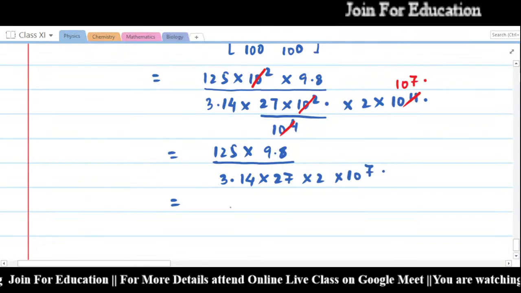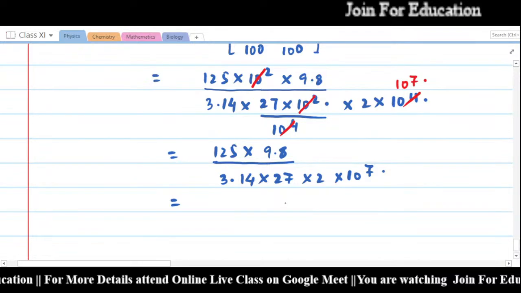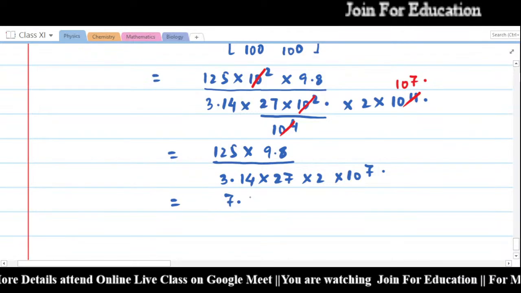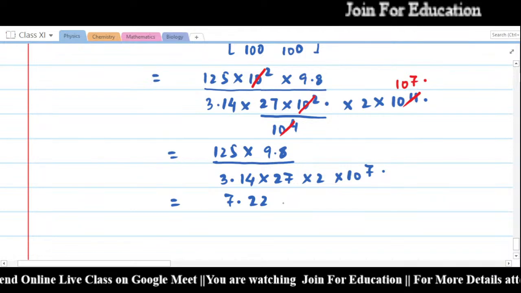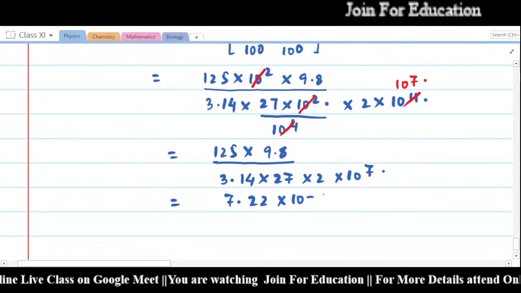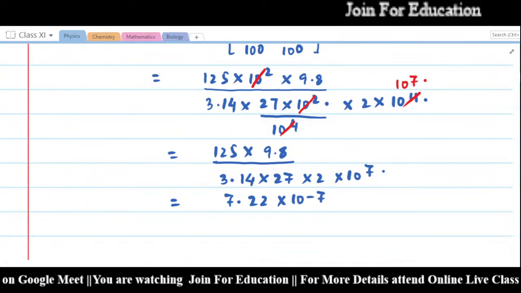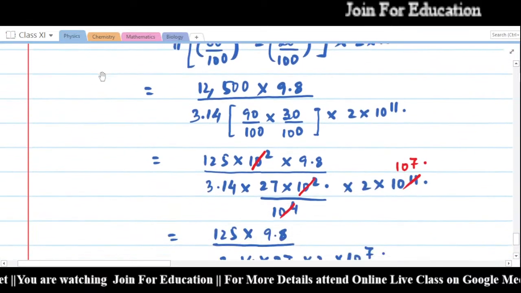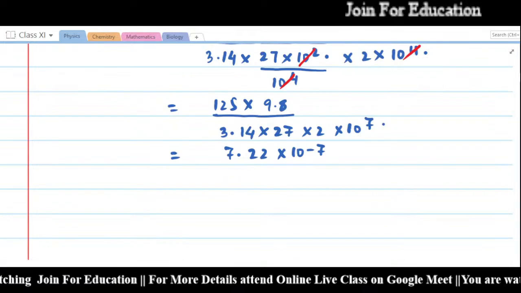After the simple calculation we get here 7.22 into 10 to the power minus 7. So we know that strain is the ratio of length to length, so strain has no unit. So this one will be the answer of this question.